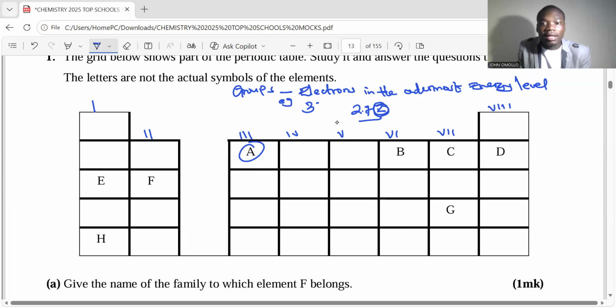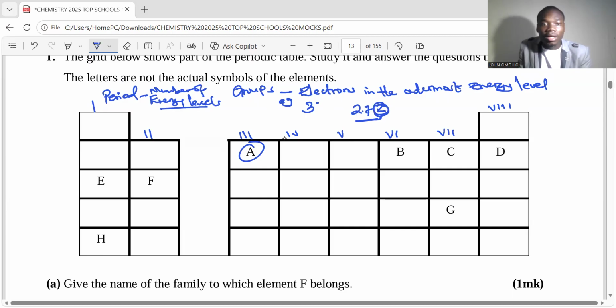So how many periods are there? 1, 2, 3. For you to identify the period, we look at the number of energy levels. The number of energy levels gives you the period. So this particular element with the electron configuration of 2, 7, 2 belongs to which period?